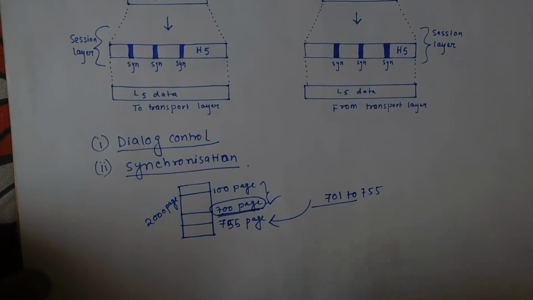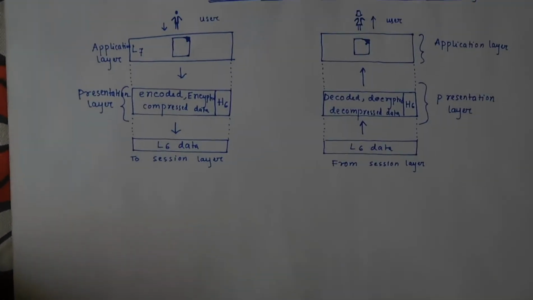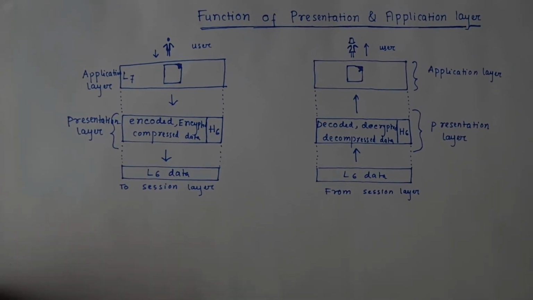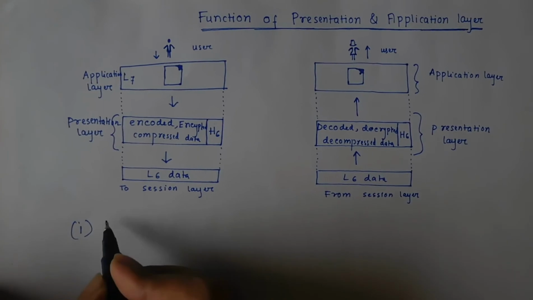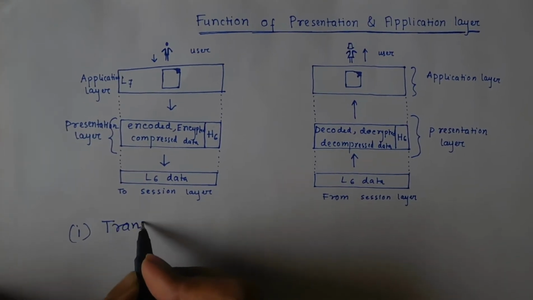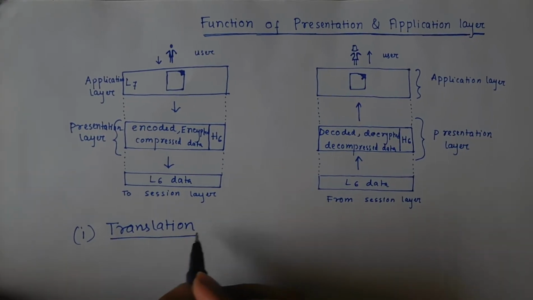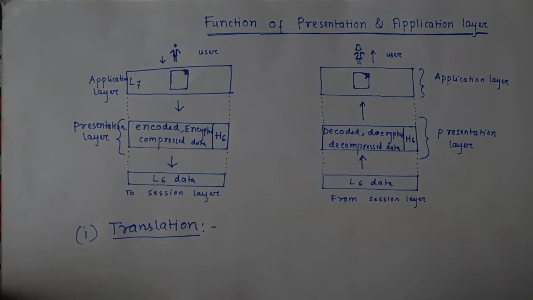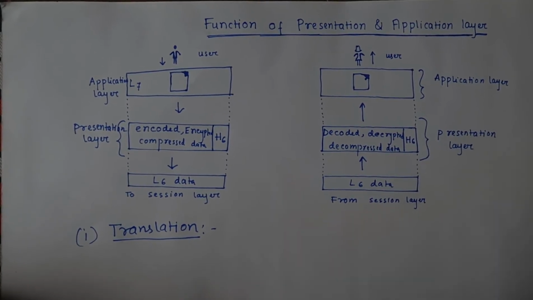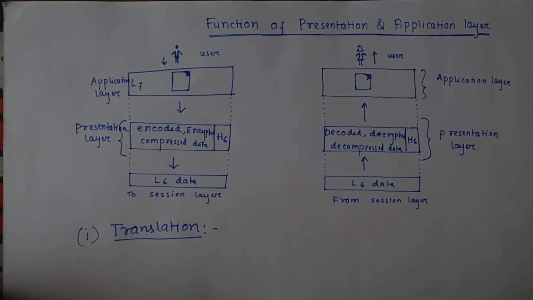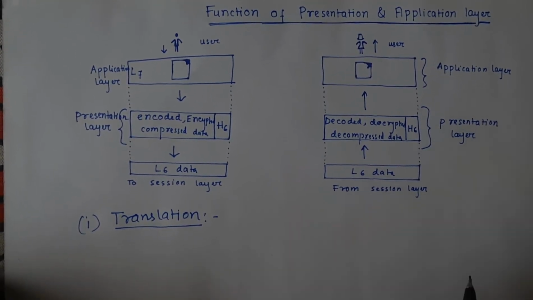Now, the functions of presentation layer. First function is translation. Translation means, suppose different computers use different encoding mechanisms. The presentation layer's responsibility is to translate between different encoding mechanisms.